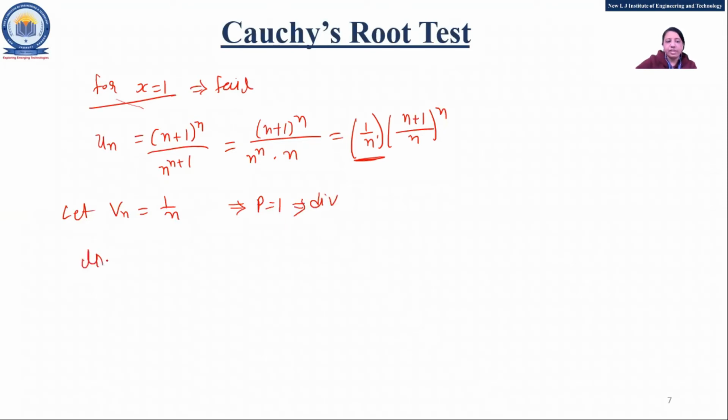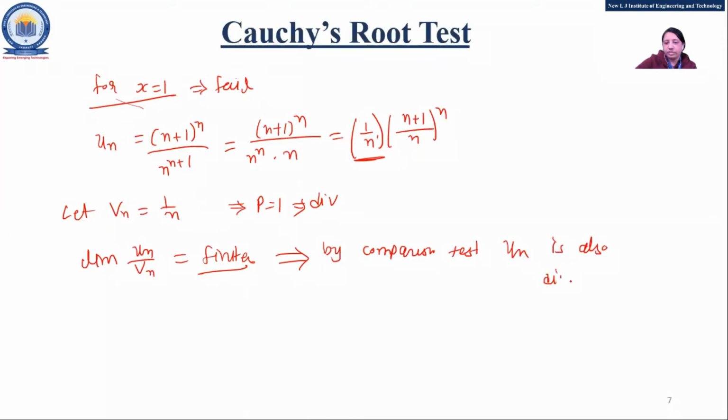And you need to find limit un upon vn for the comparison test. If you find it's a finite number, then by the comparison test, your un is also divergent.